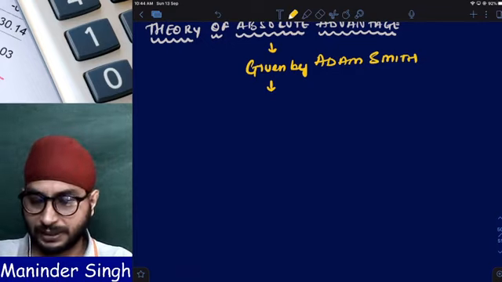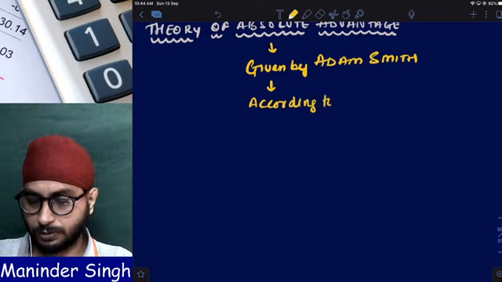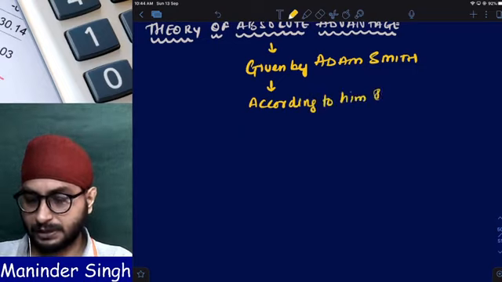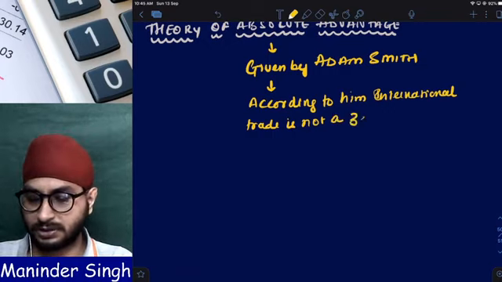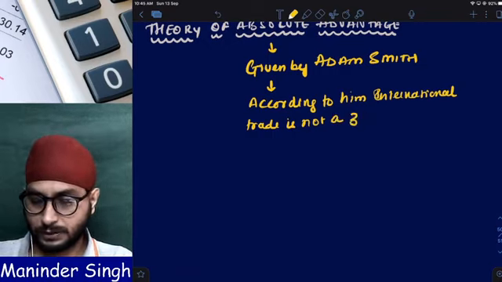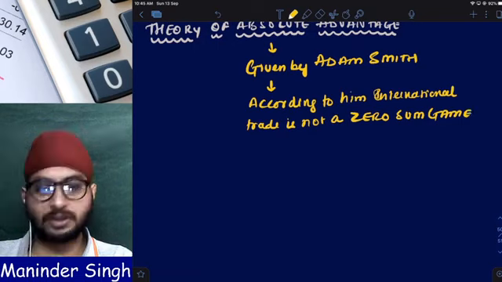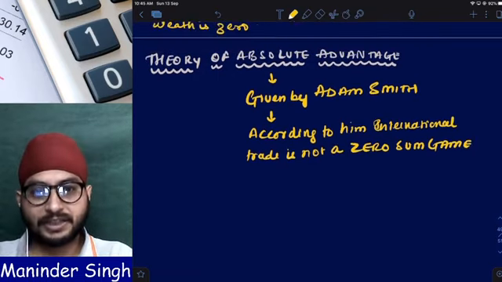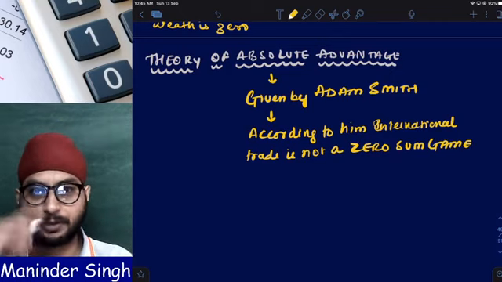According to Adam Smith, international trade is not a zero sum game. But then what according to him is it?